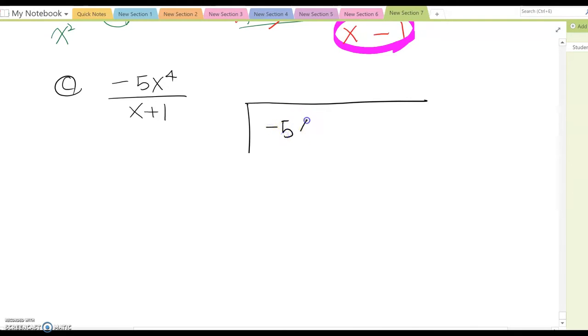negative 5x fourth. Okay, in the last video I also mentioned that even though the other terms don't exist, we must put those non-existing terms in as well. So I'm going to put plus 0x cubed plus 0x squared plus 0x plus 0.